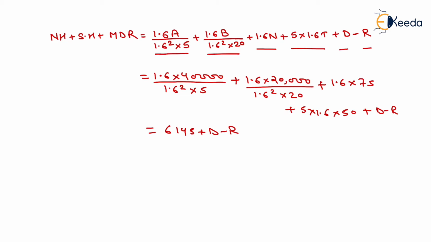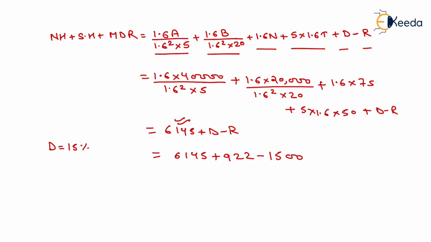Now we have to take the value of d as 15% of this total value shown here. So 15% of 6145 is 922, and we have the railway length as 1500 kilometers, so we will subtract 1500 kilometer here.